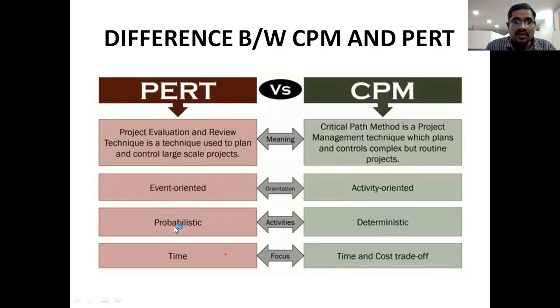Now coming to probabilistic. Probabilistic means estimation, probability. Probability means there may be a chance to complete or may not be a chance to complete the total project. Simply, the project may be a success or may be a failure. So probabilistic means chances.